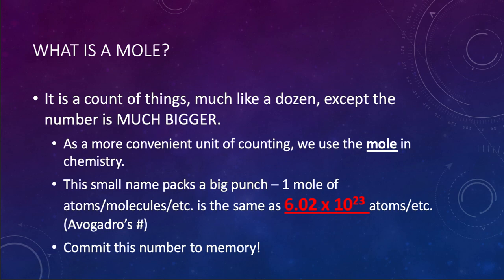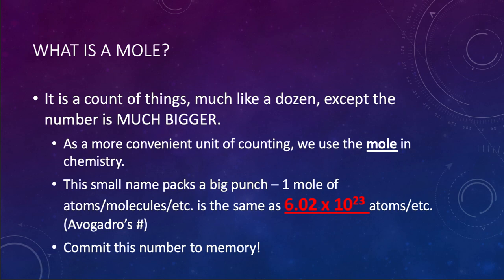We do the exact same thing with the mole, except that the number is much, much bigger. Okay, the number is actually 602 sextillion. Sextillion is 21 zeros. Okay, so 602 sextillion comes out to be 6.02 times 10 to the 23rd things.